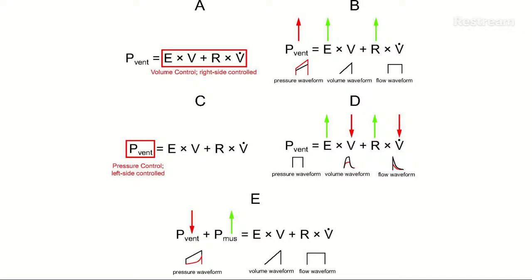Volume is on the right side. Right? And once you are using pressure control ventilation, then you are actually on the left side of the equation. I'll take this.